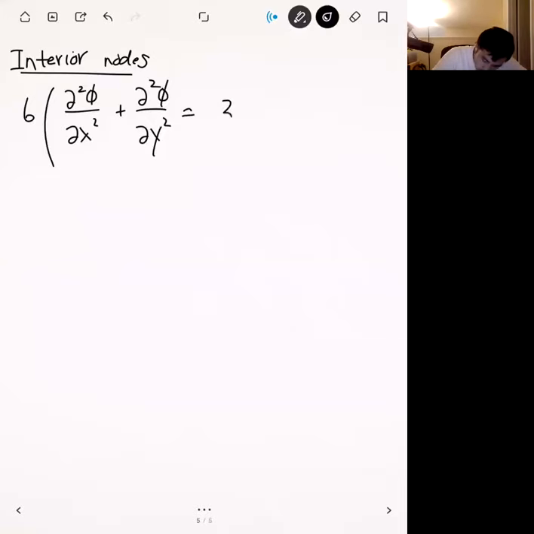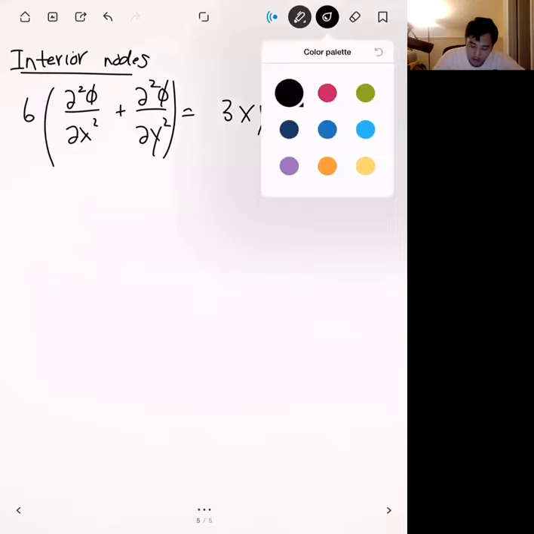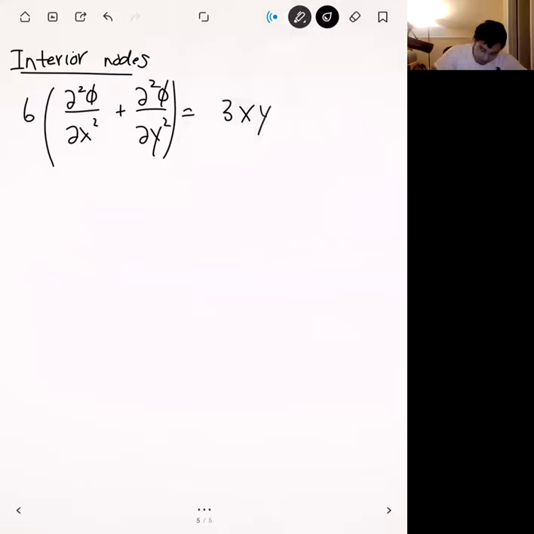is equal to 3xy. Right, and so let's go ahead and plug in the finite difference representations for these derivatives into this expression. We have 6 out in front here.